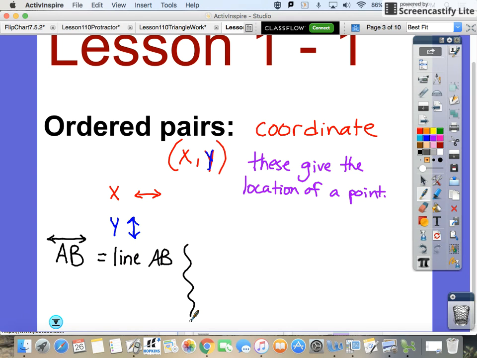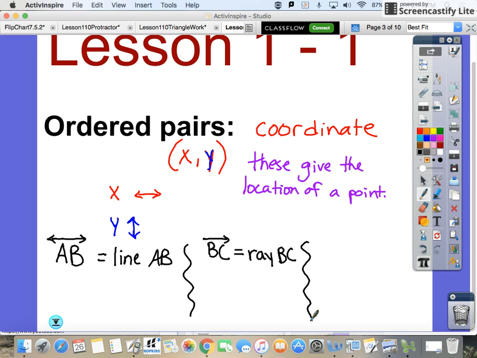That's one thing. If you have, we'll say BC, and it goes like this, it's called ray BC. It's a ray. It means it goes one direction, like shooting a bow and arrow. When you shoot an arrow, it starts here and it goes that direction. It doesn't go both ways. It just goes forward.